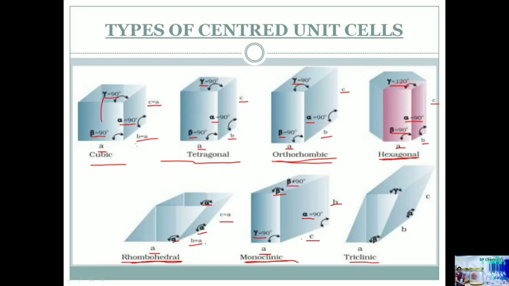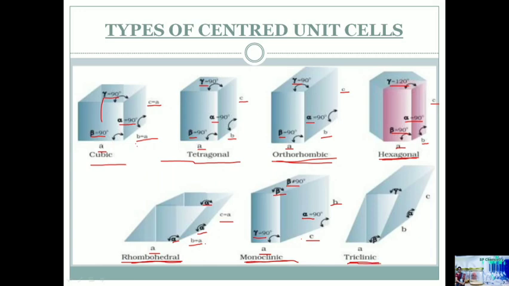So this is the monoclinic crystal system, and variations are primitive and end centered. And as an example of the monoclinic crystal system, you can remember monoclinic sulfur, right?